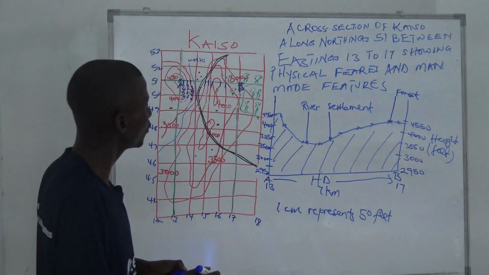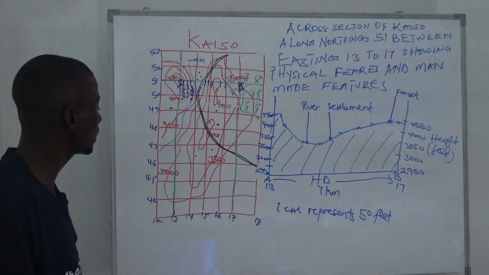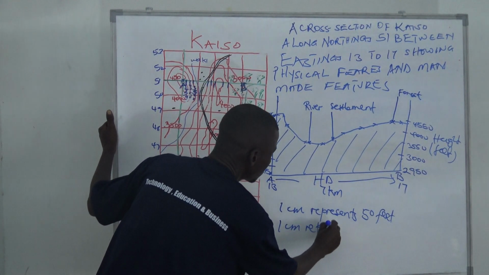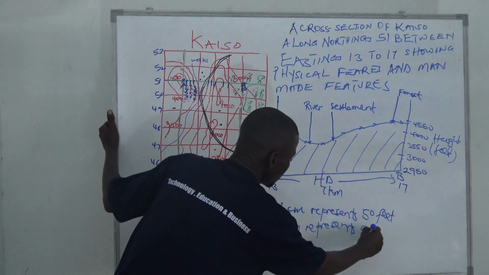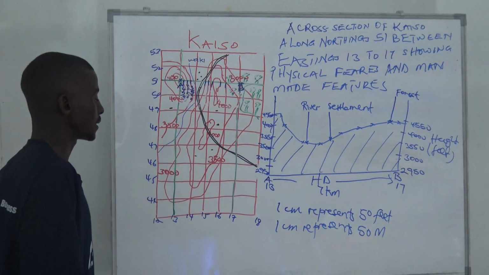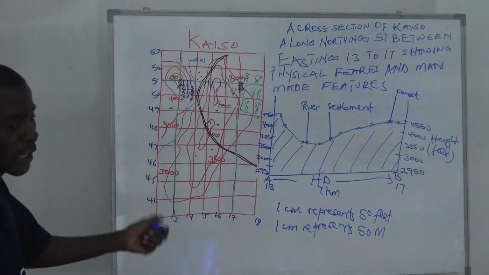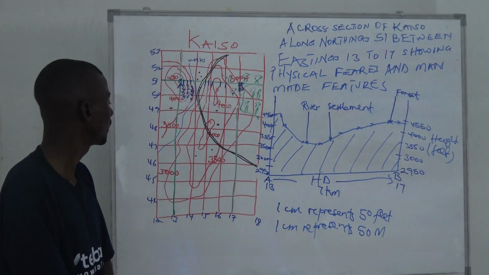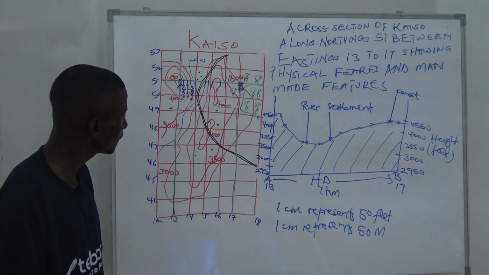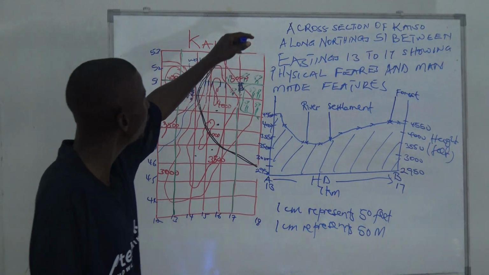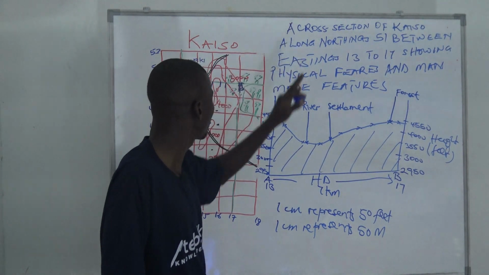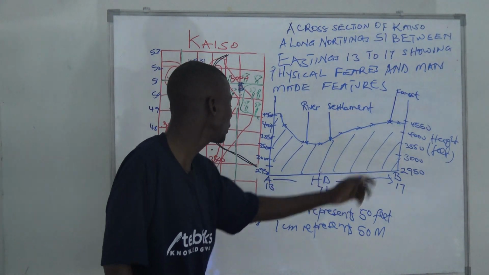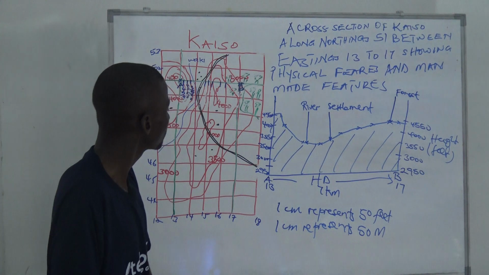I mean, it's not always that it will be in feet, but another time it could be 1 centimeter representing 50 meters. So the scale could be either in feet or in meters. So make sure you have a heading, you have written the vertical scales properly, you have your horizontal distance, then you have shaded down here.